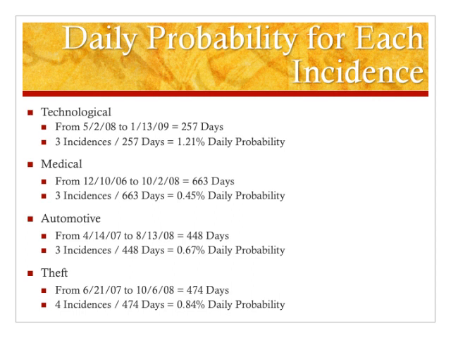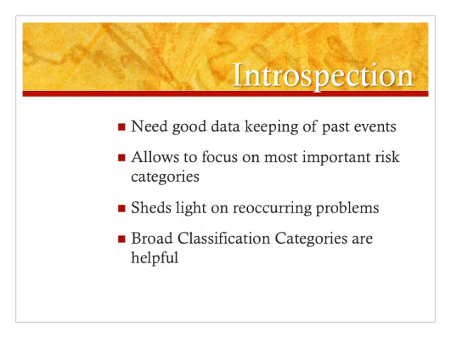In introspection, we noticed that in completing the risk analysis, there needs to be good data keeping of past events. If the person cannot recall on what date or what different events occurred, the risk analysis would be faulty, so good data keeping is key.